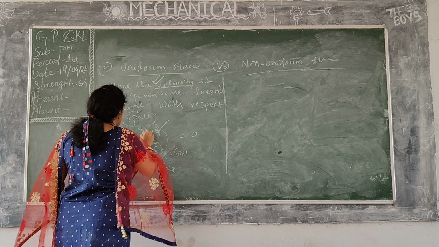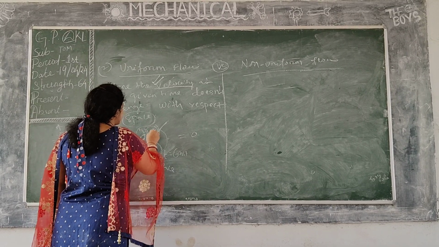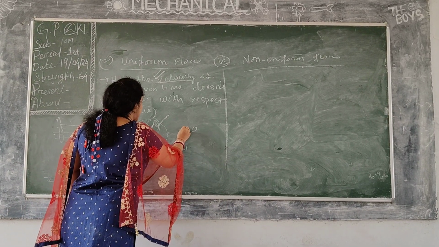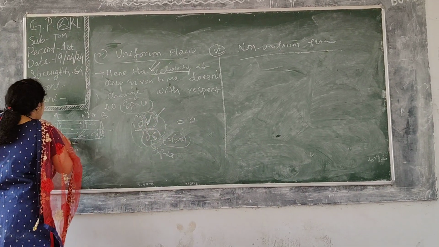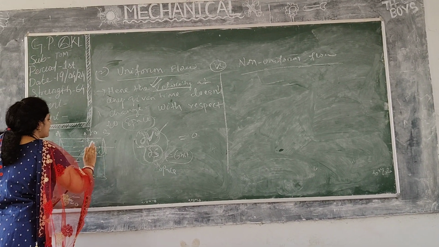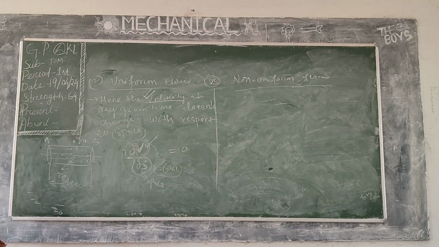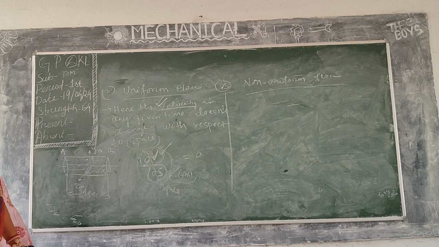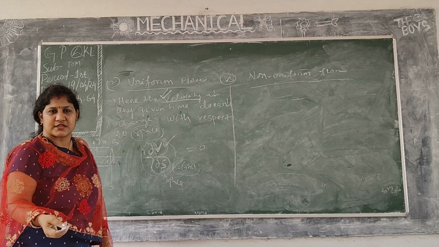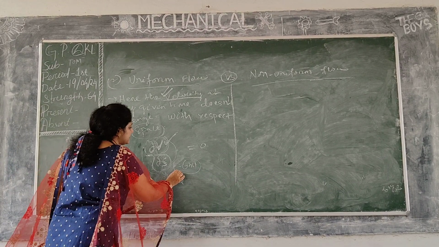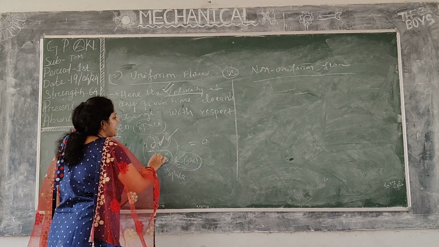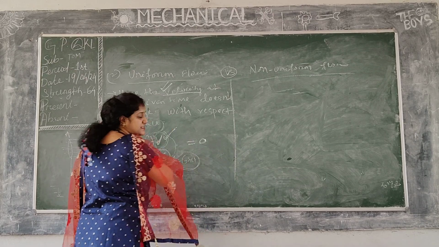So the change of velocity with respect to the space of traveling of fluid at constant time means, if we are considering 1 second, the time always is constant. Because whenever you are considering an equation, we have to take something constant. So what is that something here? Time. Time is constant. So dp by ds is equal to 0.